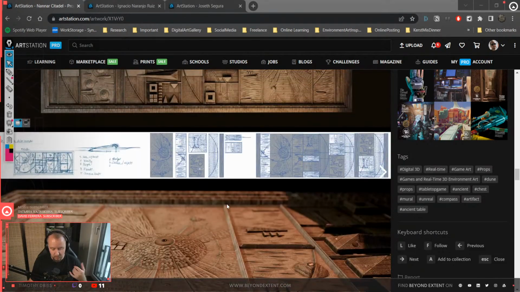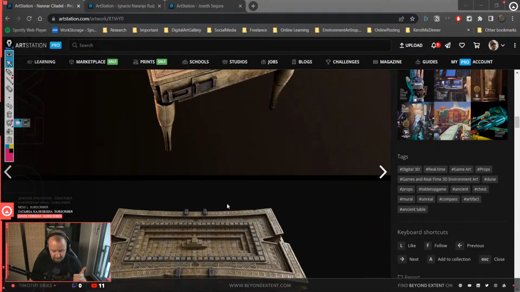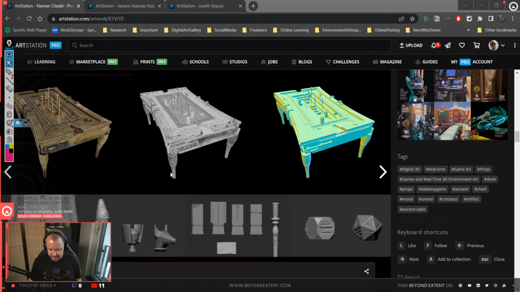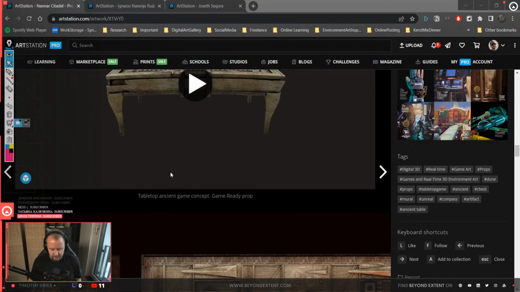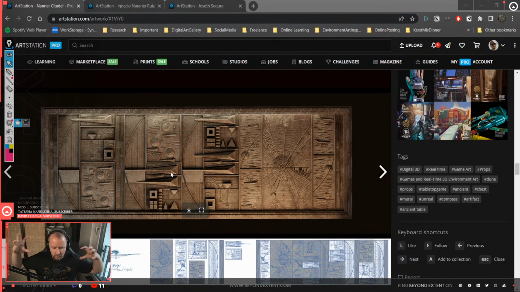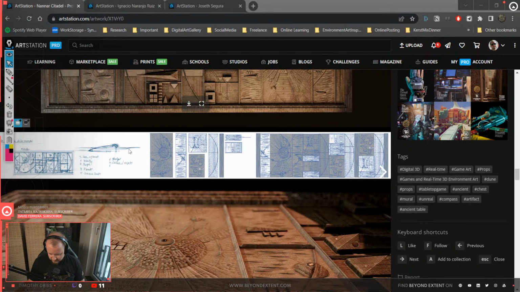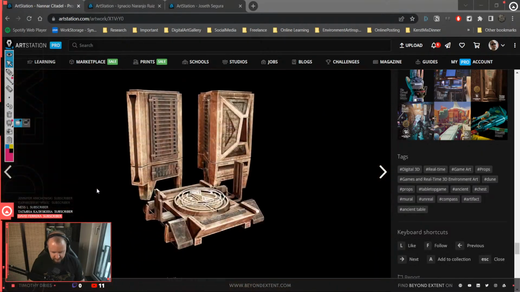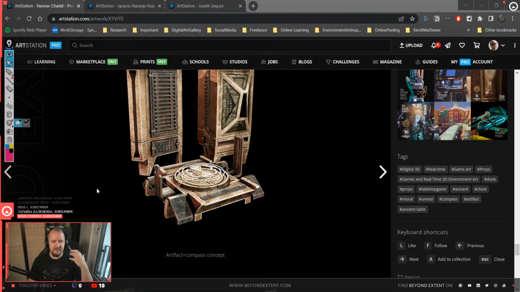Like these wall murals and this tabletop, they're very interesting. And it feels like you spent a lot of time thinking about all the design elements. This is freaking gorgeous, honestly. I love that. But then you scroll down and it feels like these are not as good anymore.